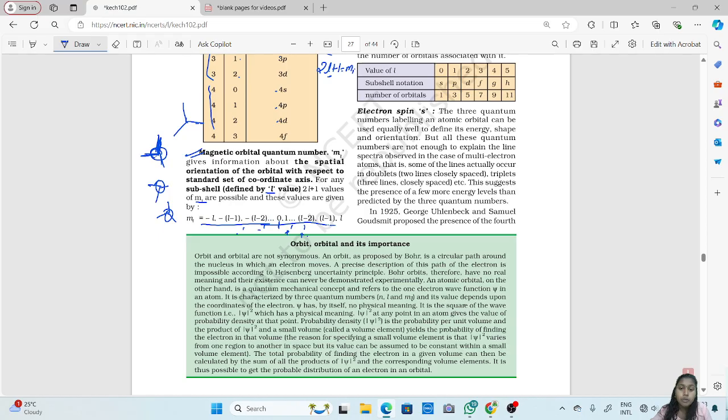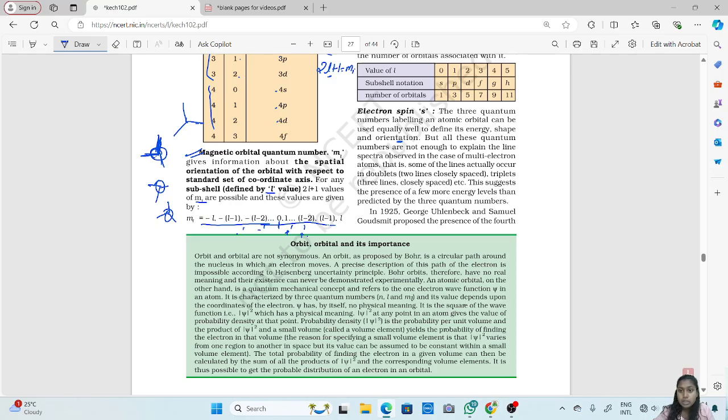That is, some of the lines actually occur in doublets, two lines closely spaced, triplets, three lines closely spaced, etc. You can use all these three to define energy, shape, and orientation because the principal quantum number deals with the energy and size.